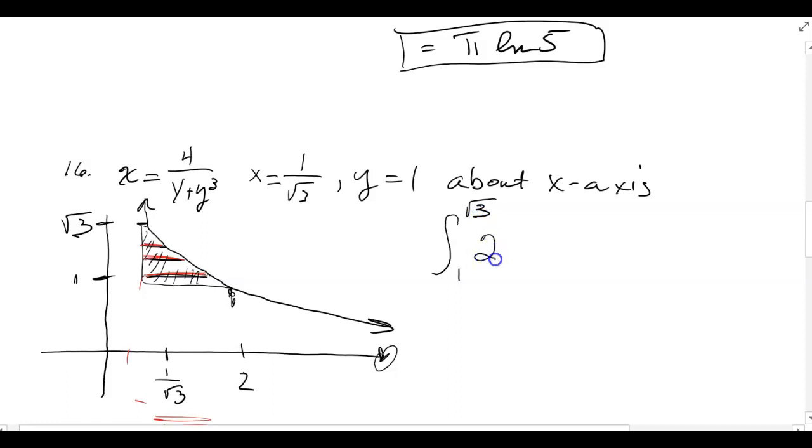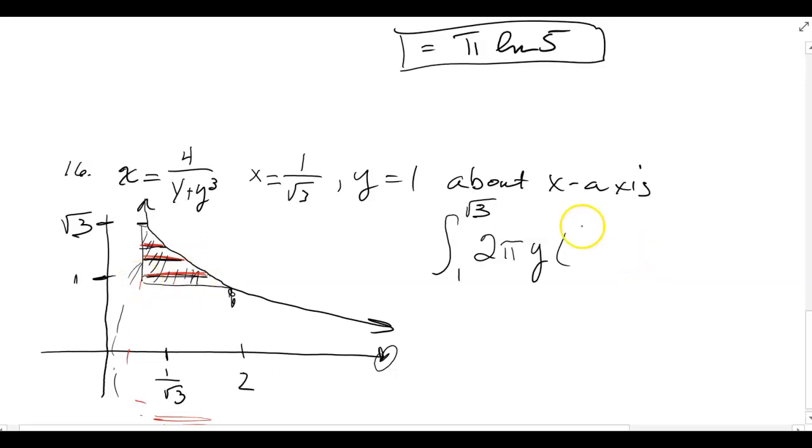Okay, and then it's 2 pi times the circumference of these, the base of our cylinder that is formed is going to be 2 pi y. And the height of our cylinder is actually found by subtracting these 2 curves.